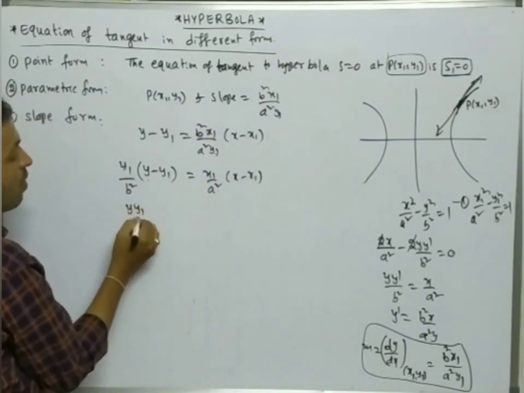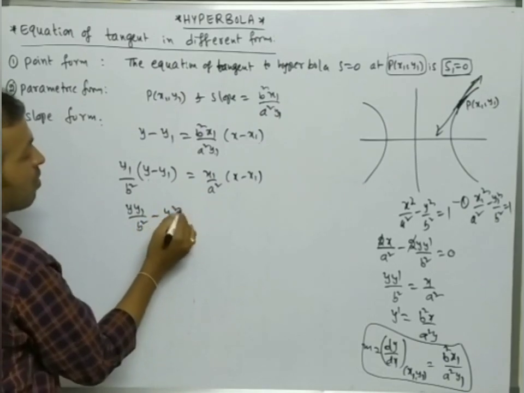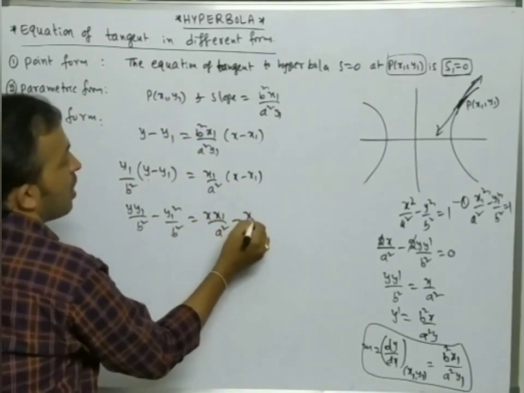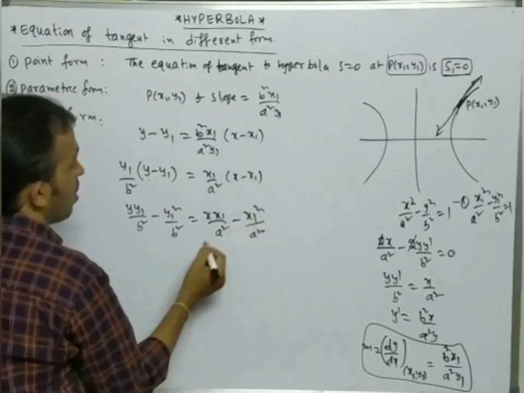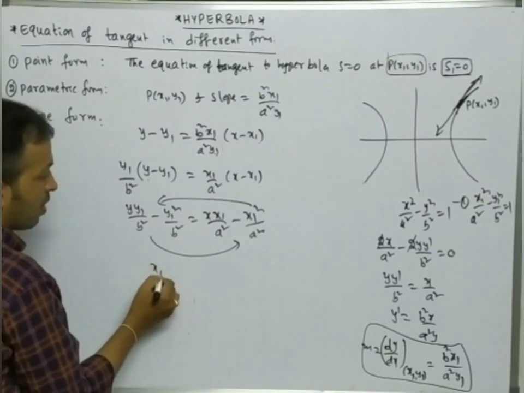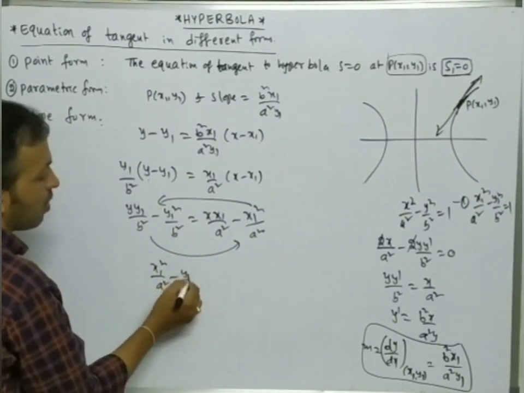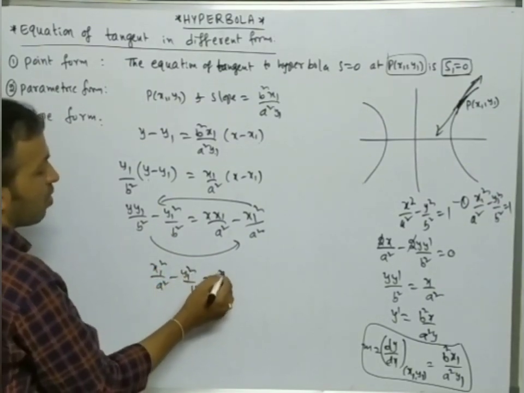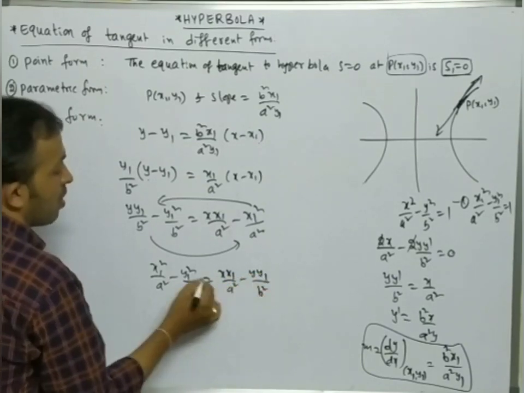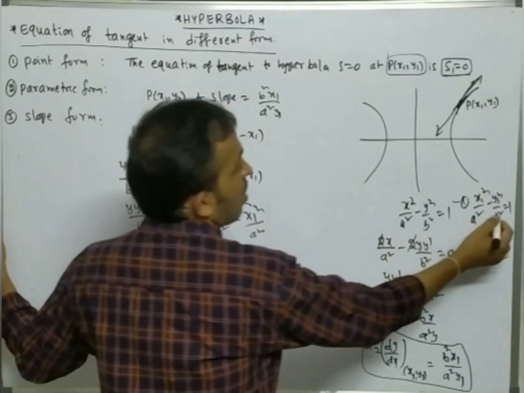Now y1 by b square minus y1 square by b square is equal to x1 by a square minus x1 square by a square. Okay, so bring this one and bring this one. So x1 square by a square minus y1 square by b square is equal to x1 by a square minus y1 by b square. So this is 1.